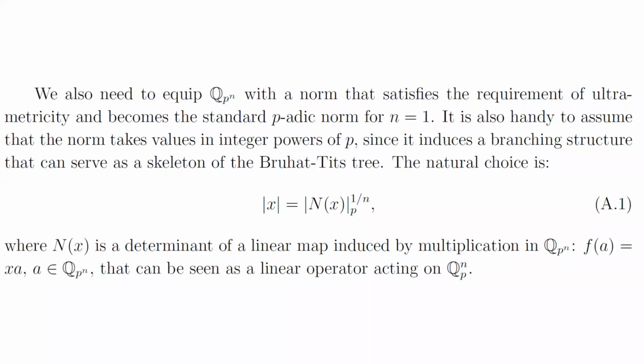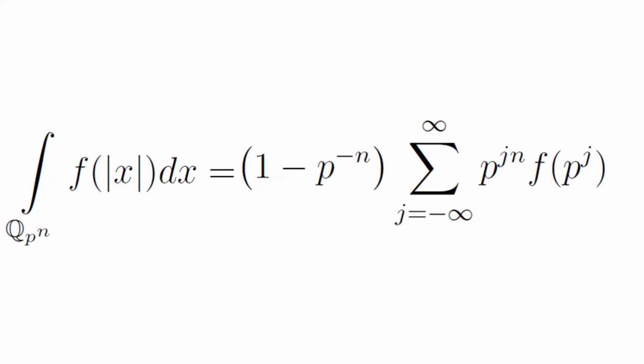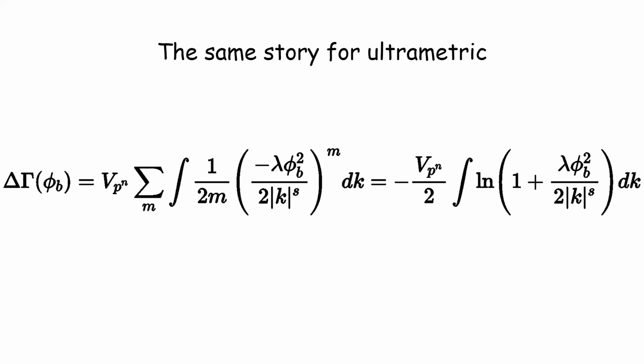Okay, so now as we define the Lagrangian, we can proceed with the same story for ultrametric spaces, and here in front of the p-adic integral we have some kind of volume of the Q_p^n ball, and we have the summation like this, and just proceed with the same integral, but now k is taken not just as a modulus, it's taken by the norm on the unramified extension.